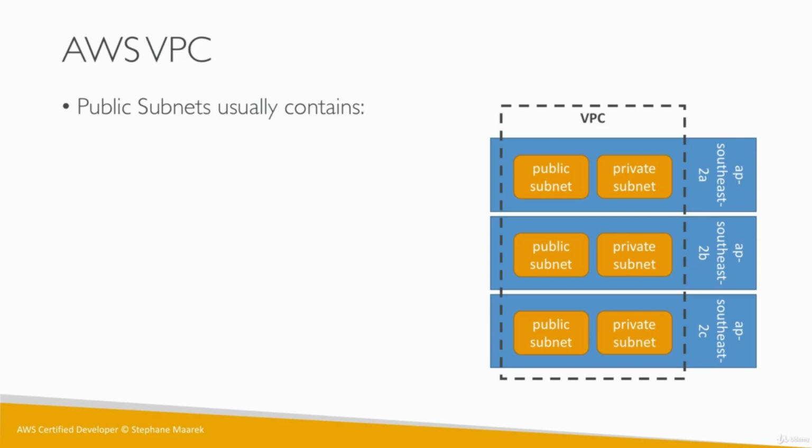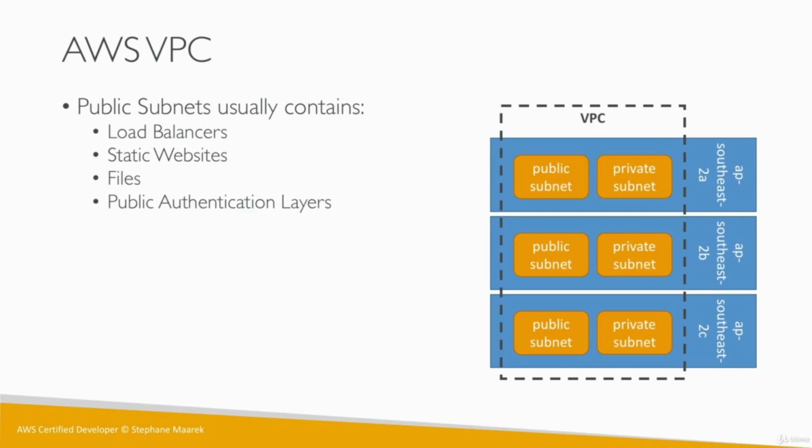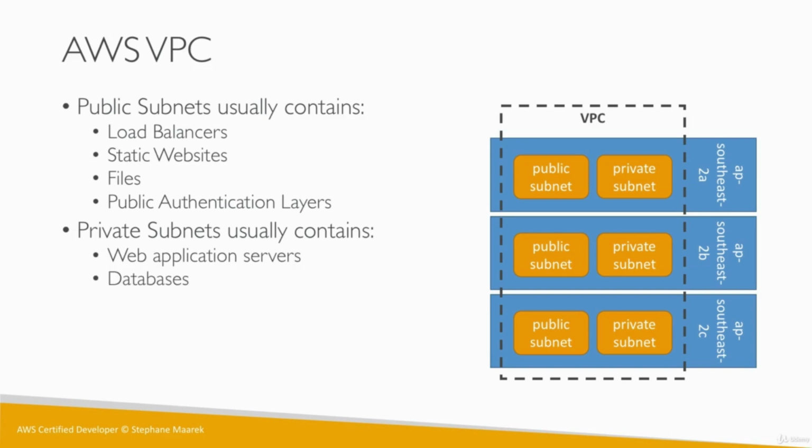Now the public subnets, what do you put there usually? You put there your load balancers, your static websites, your files, your authentication layers, and the private subnets, usually they will contain the web application servers, your databases, and so on. So basically you ask yourself the question, what do I need to reach from my browser over the public internet versus what do I need to reach from my private network, or what needs to be reached from the web actually?